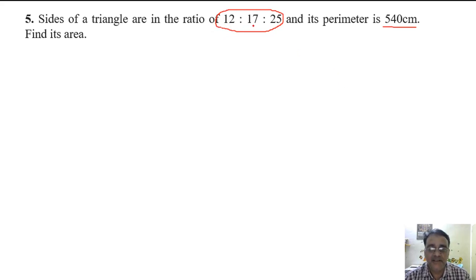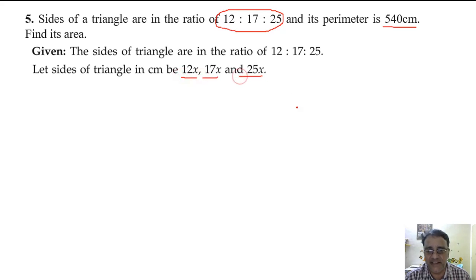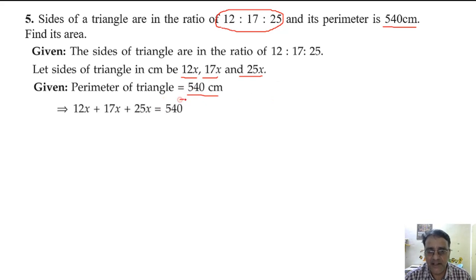So we'll take it as 12x, 17x and 25x, and the perimeter is given 540. So we'll add up all this, then we'll solve for x. So what are we getting if you add all this? 54x. Right, 54. So the value of x is equals to 10.